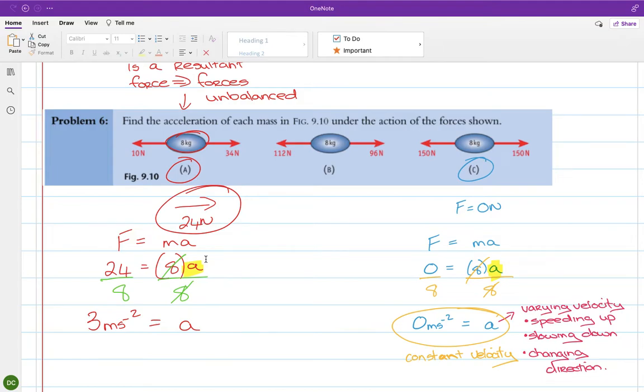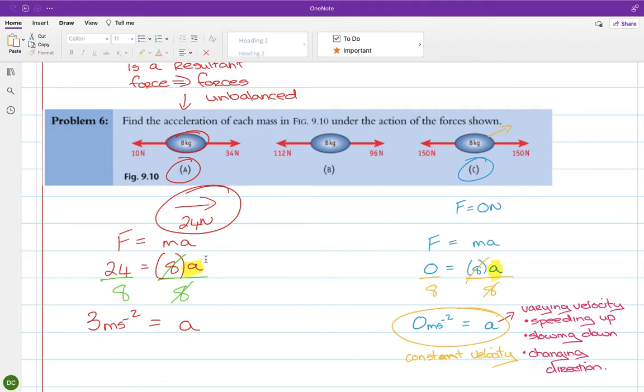Okay, so again, think about what that means. Okay, is that 8 kilogram mass moving or not moving? Okay, so again, I'm sure you went through this yesterday, but I just want to be clear. It could be either. Okay, so this 8 kilogram mass, the fact that it has no resultant force and as a result no acceleration, that means it has a constant velocity.